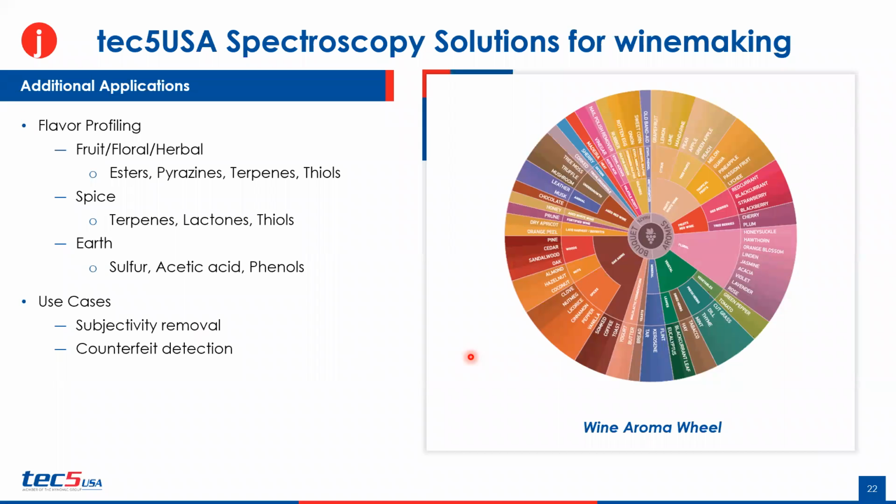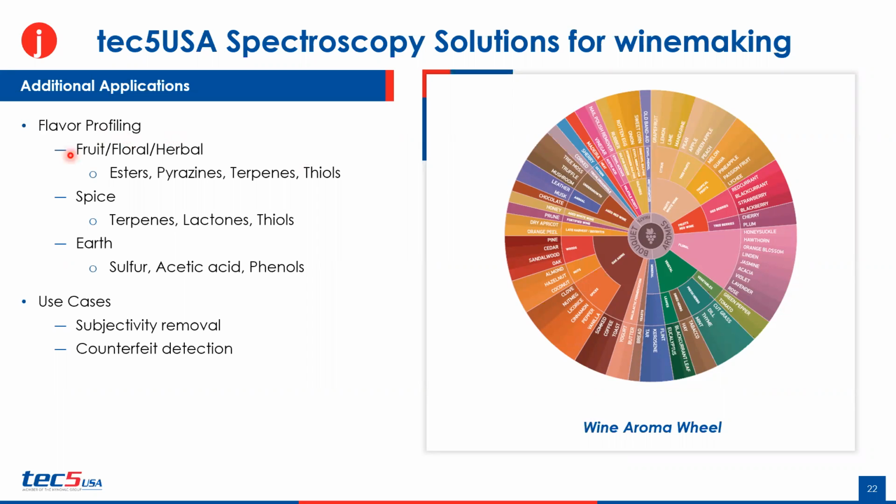And finally, looking to the future, additional applications that are underway include flavor profiling. Looking here, you can see the aroma wheel and some of the corresponding chemicals that are responsible for some of the flavor profiles.